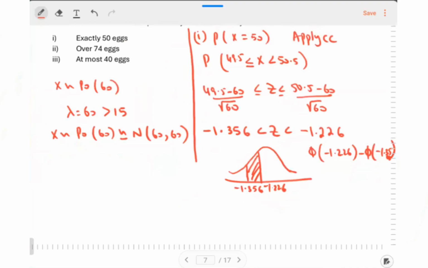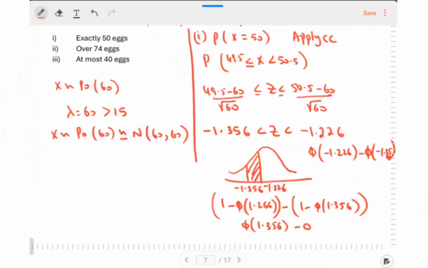Are you all with me? Which is 1 minus phi of 1.226 minus 1 minus phi of 1.356. So this will become phi of 1.356 minus phi of 1.226.